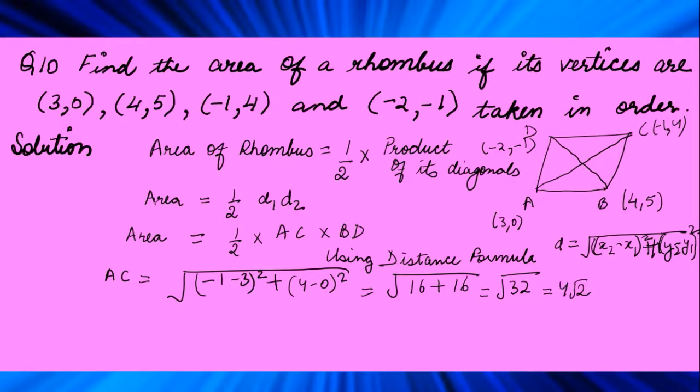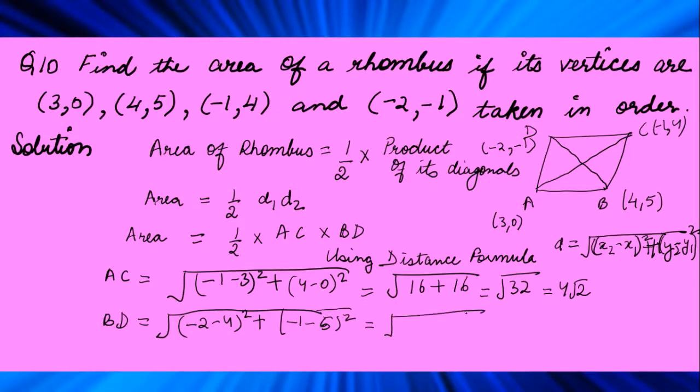Then the second diagonal is your BD, so it will be under root (-2 minus 4) square plus (-1 minus 5) square.